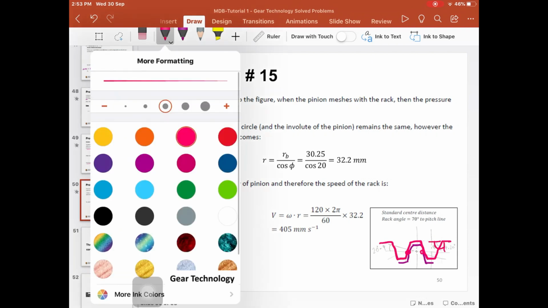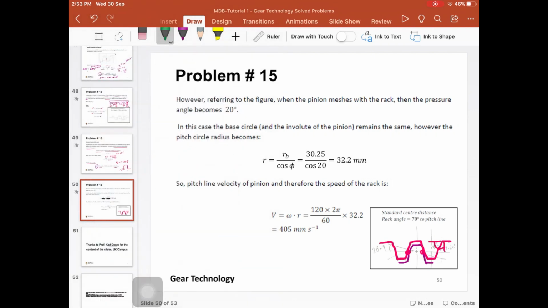So you'll find out that the pressure angle here in this case is going to be 20 based on the geometry. So when they are meshed together, the pressure angle is 20, and this changes the pitch circle radius of the pinion, because it is based on how they mesh together.